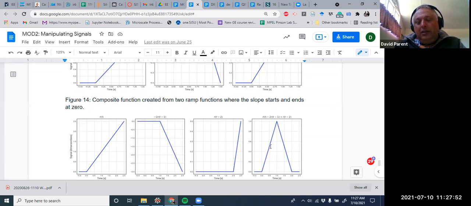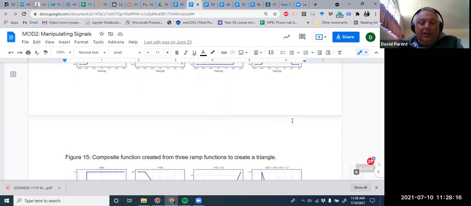Tell me what it's made out of, ramps and steps, and you'll be graded on getting each one, the delays right, the scale factors right, and the functions right. Right. I would kind of spell that out.